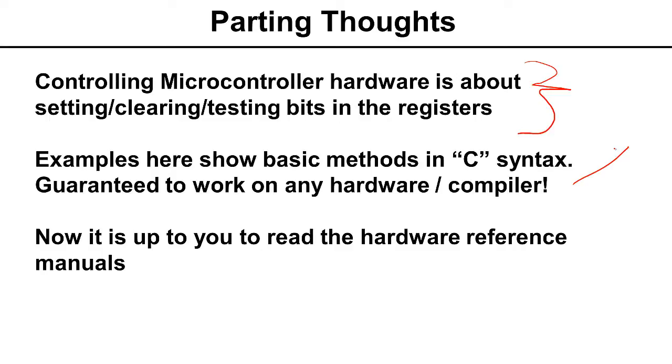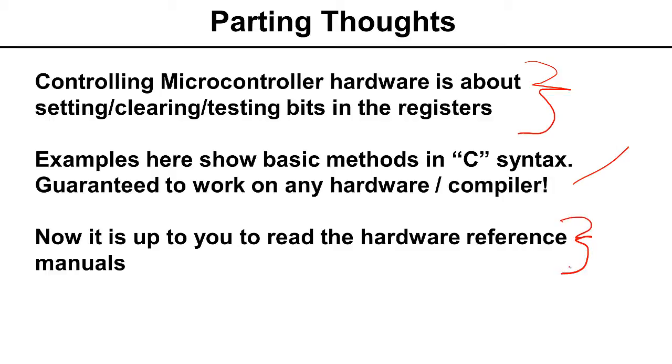Unfortunately, if you use another high-level language, and there are even some C-like compilers like the Arduino, I think Microchip, there's a compiler set called CCS, where they declare these weird bit types that aren't actually ANSI C and only work with that compiler. I like using techniques that will work with any compiler. And I can guarantee you with this method, it'll work. Now, it's up to you to read the hardware reference manual.